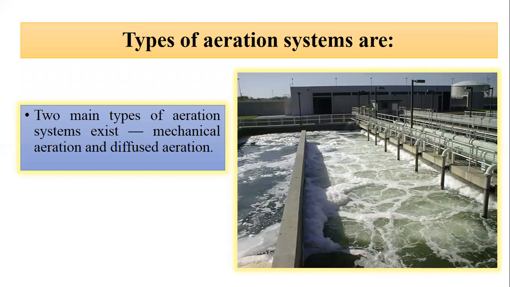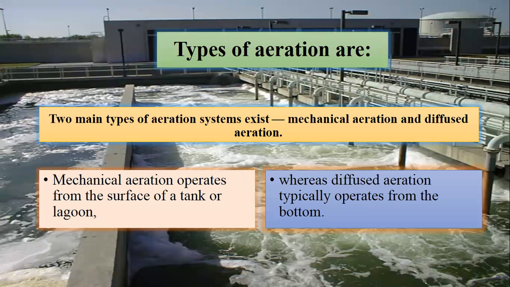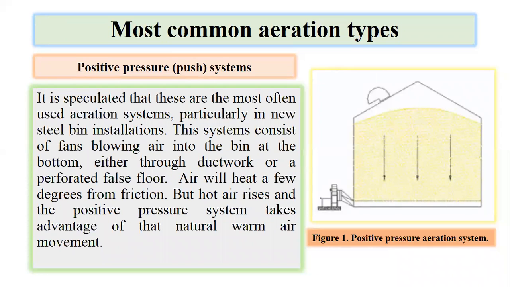Types of aeration systems: two main types of aeration systems exist, mechanical aeration and diffused aeration. Mechanical aeration operates from the surface of a tank or lagoon, whereas diffused aeration typically operates from the bottom. Most common aeration types: positive pressure systems. It is speculated that these are the most often used aeration systems, particularly in new steel bin installations.